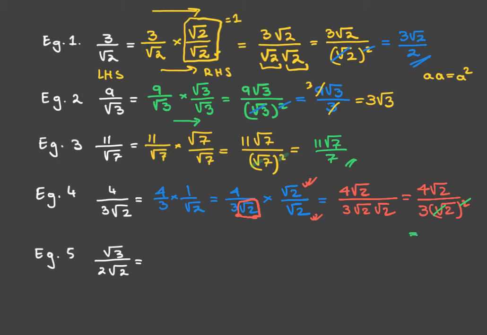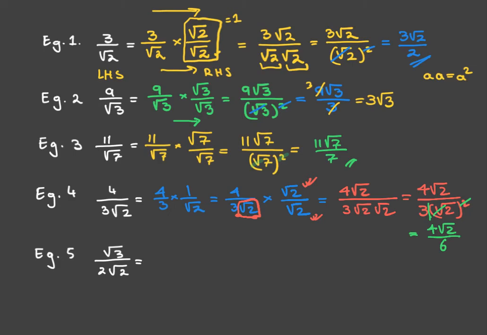So here, the final answer, I think, is going to be this. 3 times 2. Remember, when you don't have any sign between the number and the brackets, it means multiplication. 3 times 2 is 6. We can simplify this a little bit further. 4 and 6, the highest common number that can go into 4 and 6 is 2.